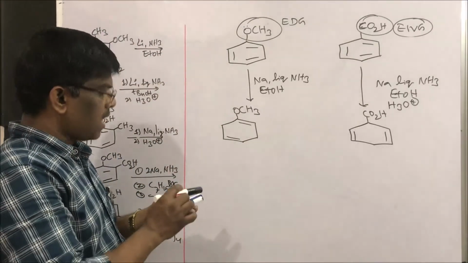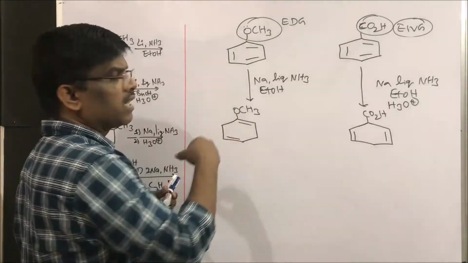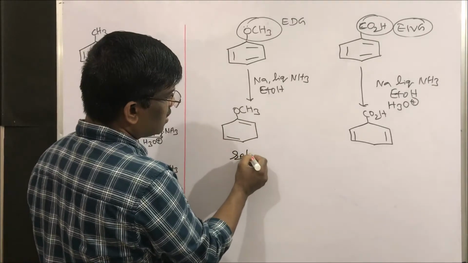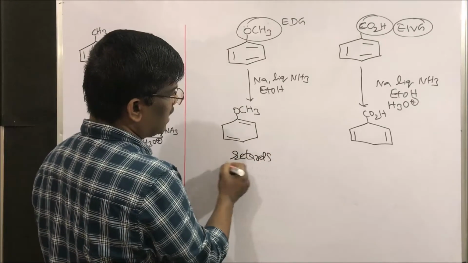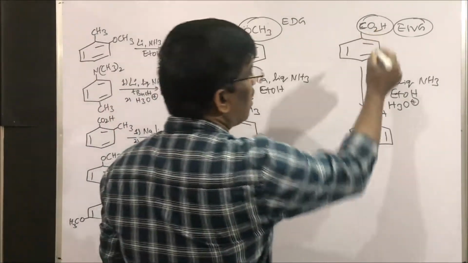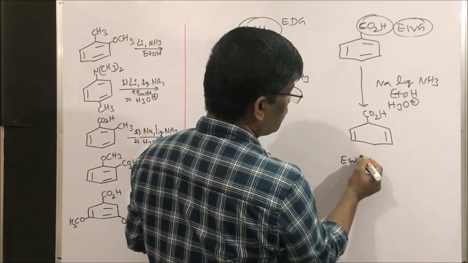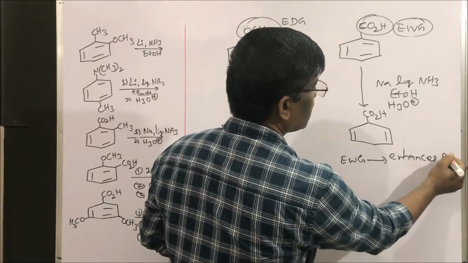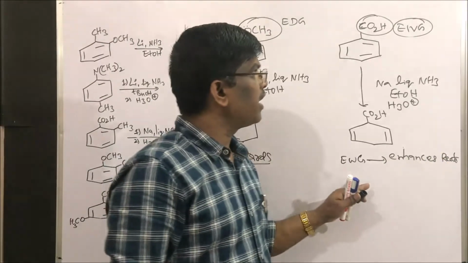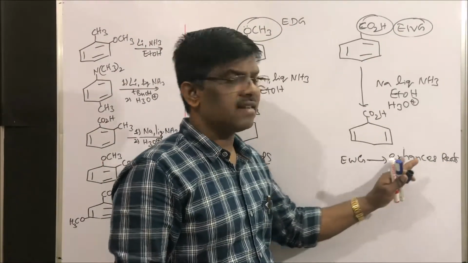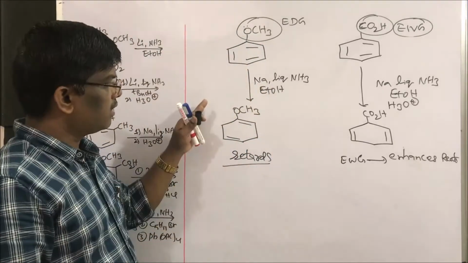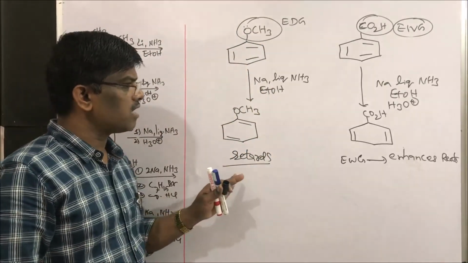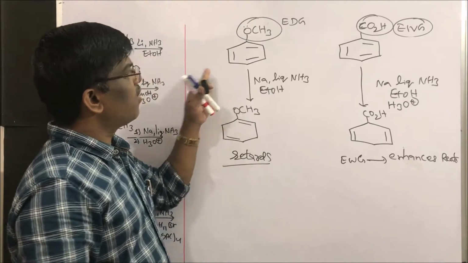At the same time, electron donating groups retard, means slow down, the reaction, whereas electron withdrawing groups enhance the reaction rate. So electron withdrawing groups like carboxylic acid enhance the reaction rate, whereas electron donating groups retard or slow down the reaction.